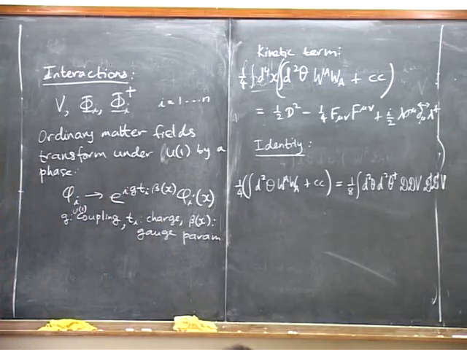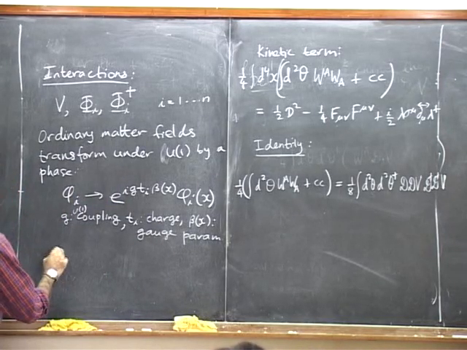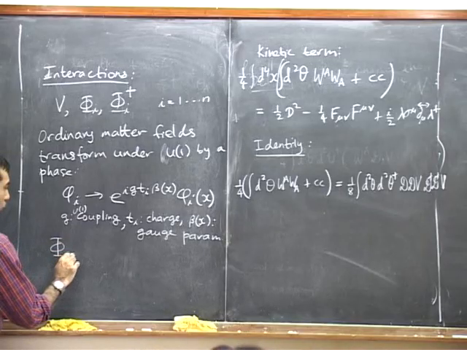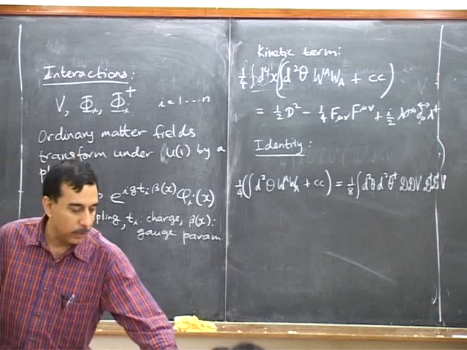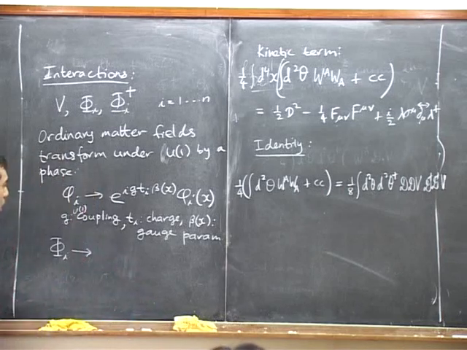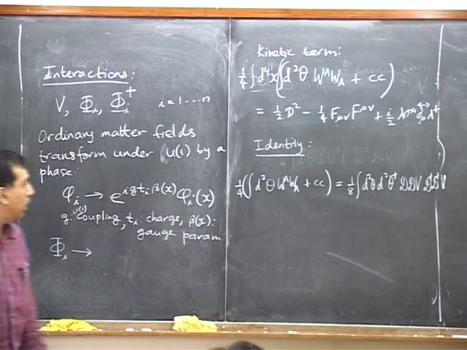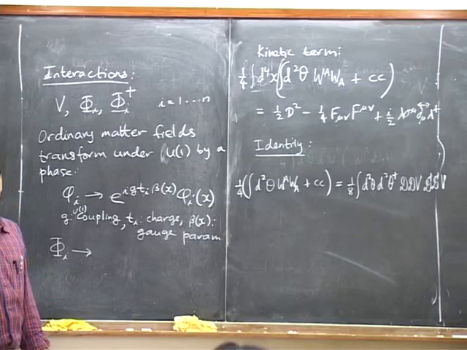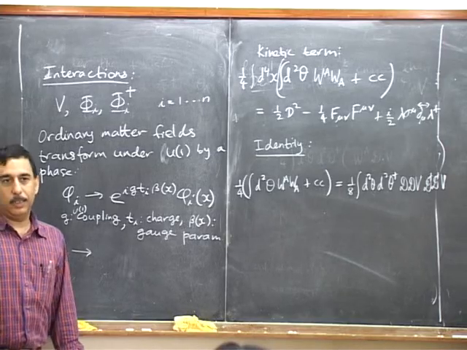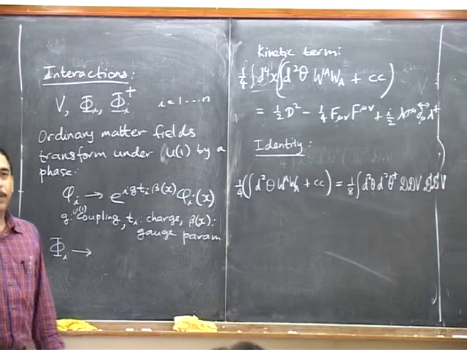And now we need to generalize this transformation to superfields. Okay. So we need to ask, what does phi I go to? It's extremely simple to answer. It's very uniquely fixed, because capital phi has small phi as its lowest component. Okay, and we know that the gauge parameter in superfields is this capital lambda and lambda dagger. Okay, and somewhere buried in that capital lambda is a parameter alpha.